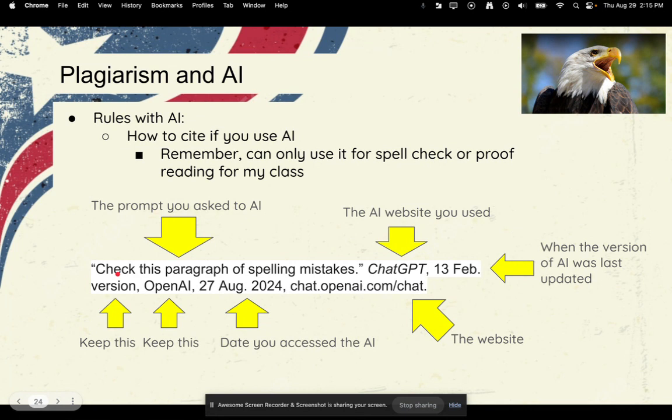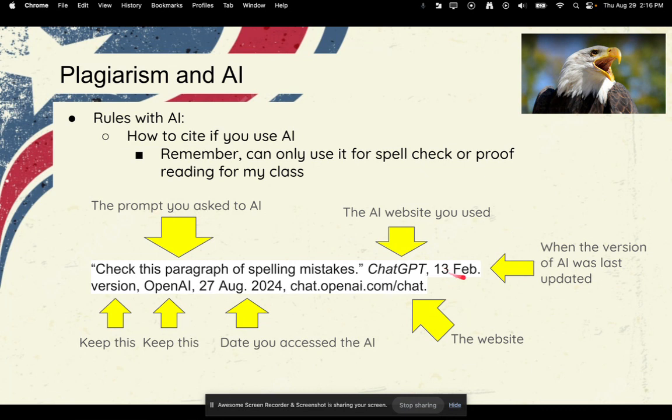So let's say I was checking a paragraph for spelling mistakes. I would put in whatever I ordered the AI website to do, and you put that in quotation marks, you put the period at the end, and then you put in whatever AI website you used, comma, when the version of AI was last updated. Usually it has that on the bottom of the page.